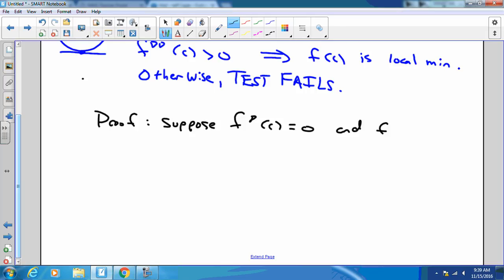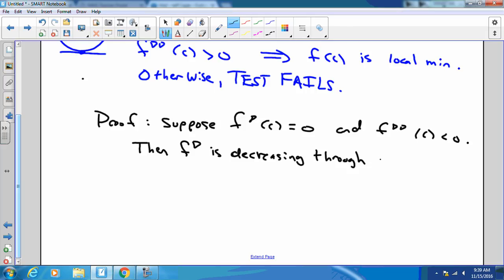Suppose f prime of c is 0 and that f double prime of c is less than 0. This means that f prime is decreasing through c. Think about this for just a minute.